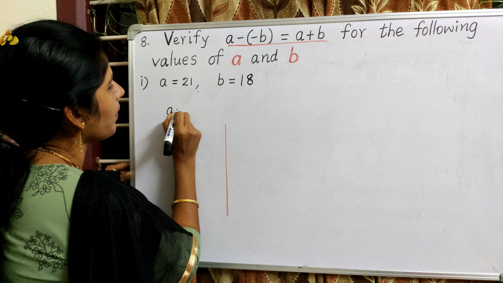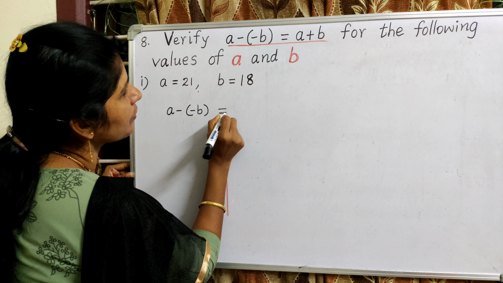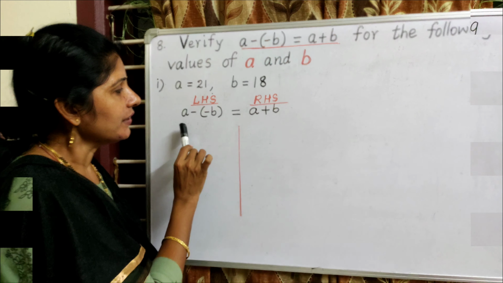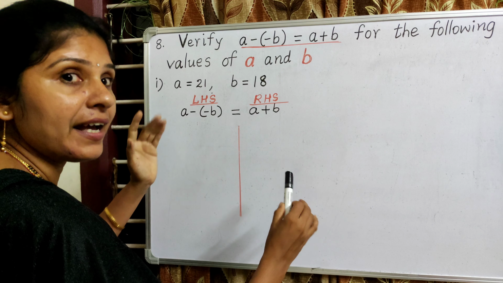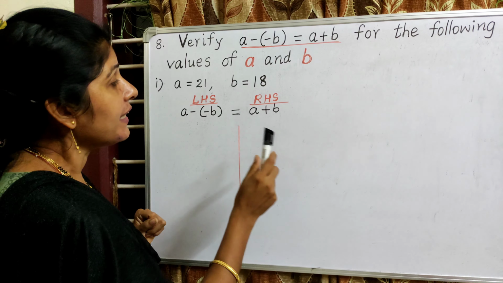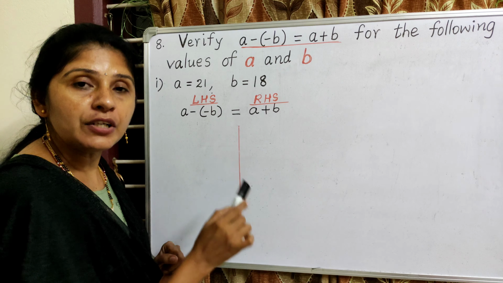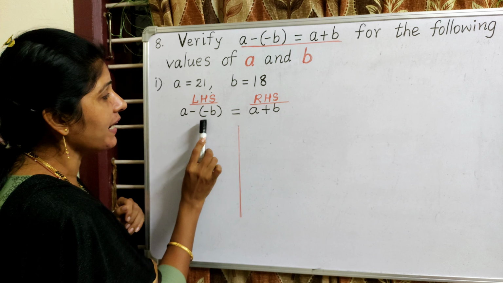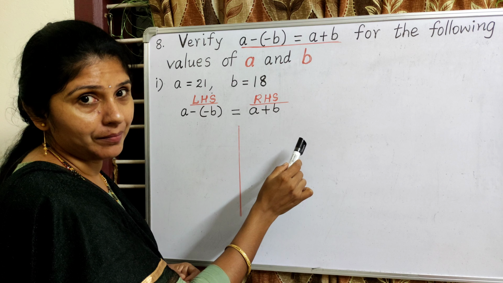A minus B is equal to A plus B. Here, this formula has two sides, left hand side and right hand side. Equal sign separates the sides. Here we need to find out, is it A minus B is equal to the A plus B.